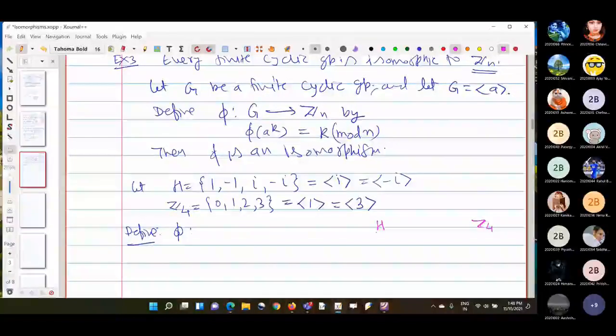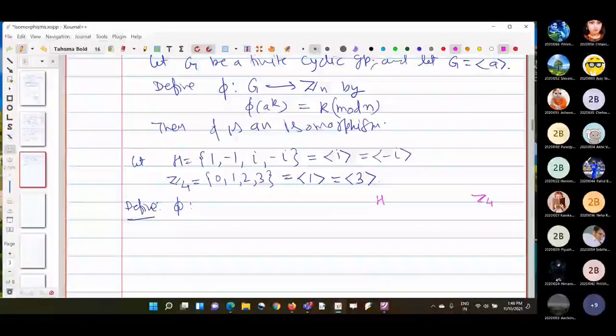If we see, H has one element 1, and its order... 1 का order कितना होगा? 1 is identity.